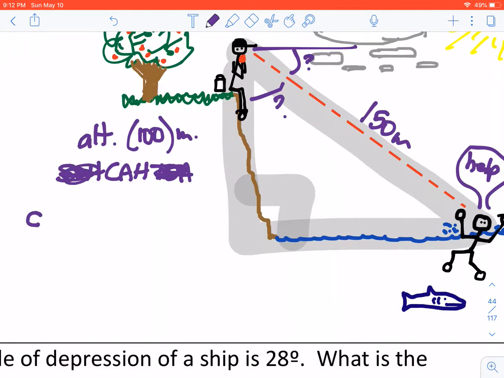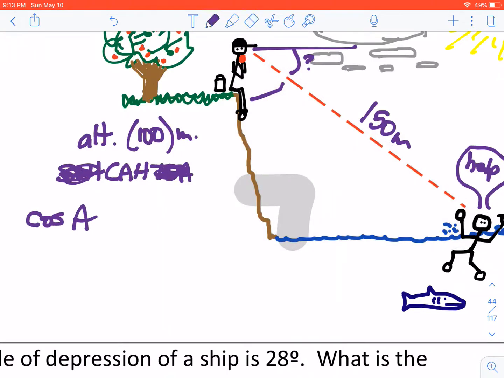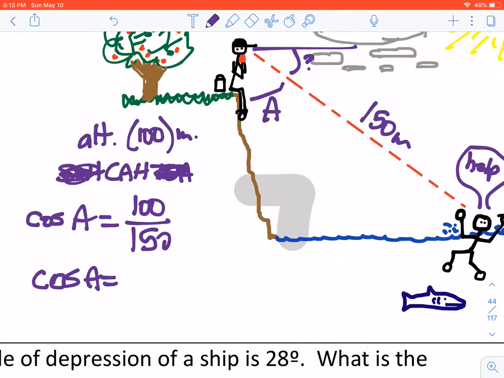So this is the cosine of an angle, and the angle that we're referencing here would be this one here. So cosine of A is equal to the adjacent, which is 100 meters, over the hypotenuse, 150. So the cosine of A in simplified form would be 2/3.